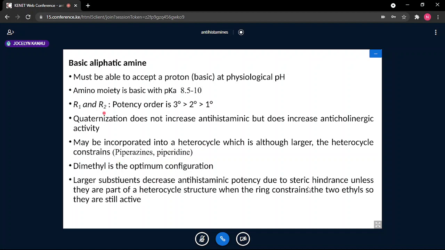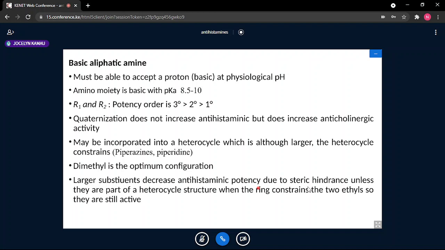Dimethyl is the optimal configuration to give us good, optimal activity. Larger substituents decrease antihistamine potency due to steric hindrance unless they are part of a heterocyclic structure, where the link constrains the two ethyls so that they are still active. So for the aliphatic derivatives, the methyl group is the best. The dimethylamino group is responsible for maximum activity.